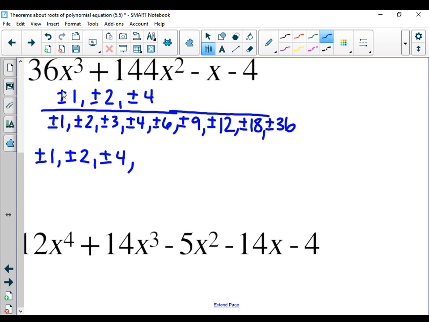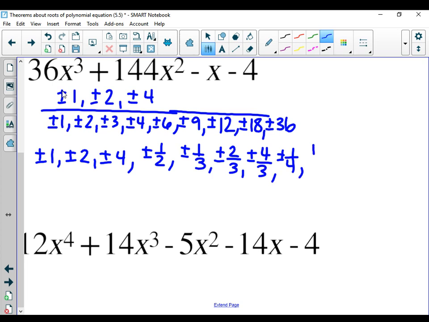Now I'm going to put everything over 2. 2 over 2 is 1. I already have that. And 4 over 2, I already have that too. You won't repeat, which is good. Okay, everything over 3. Everything over 4. So 2/4 is 1/2, and then that we've already got. Everything over 6.